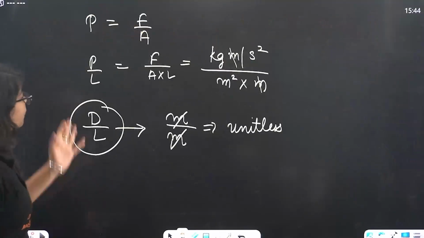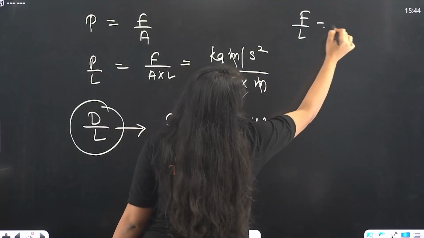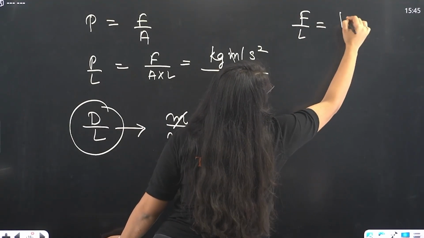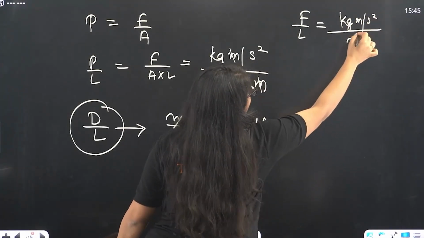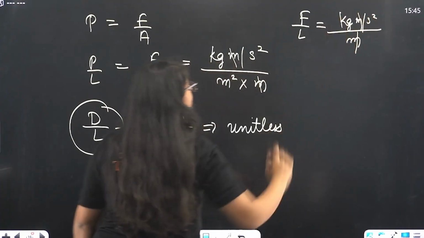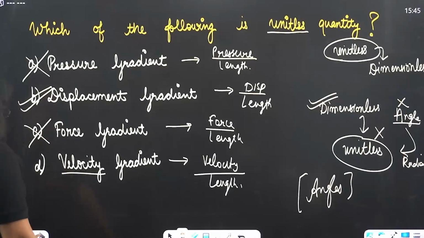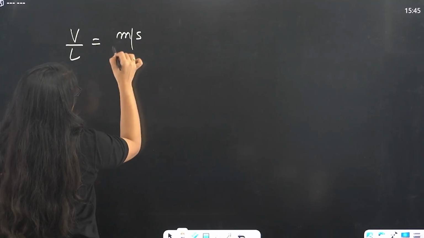Force gradient, force per unit length. We have kg meter per second square, and in the denominator we have meter. This cancels out, but the units are still there, kg per second square. So this is also not unitless. Similarly, velocity gradient, velocity per unit length, meter per second by meter.